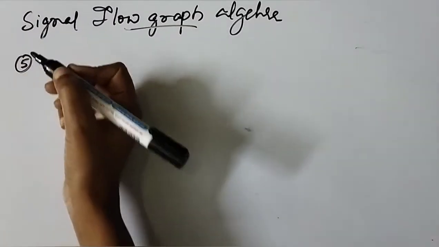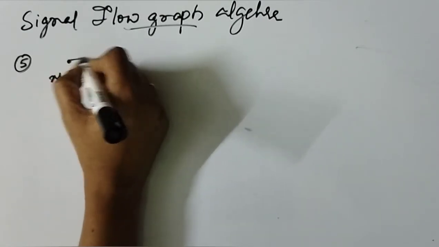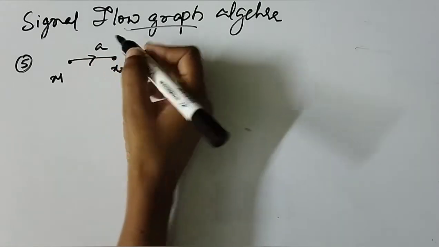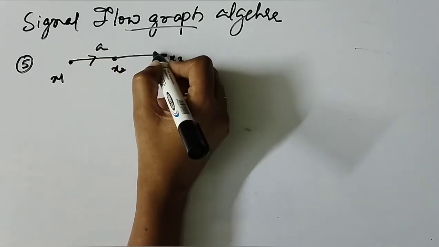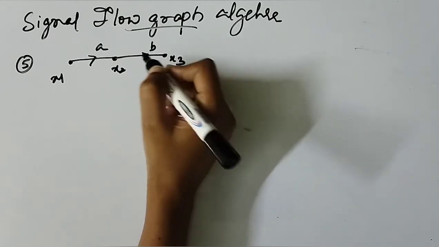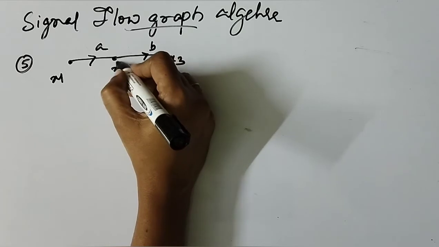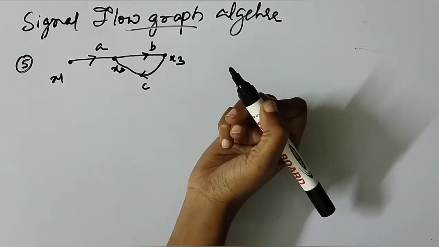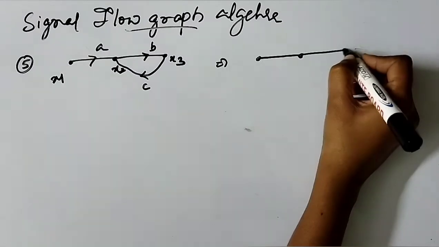Rule 5, we can eliminate a loop. X1 is a node, from x1 to x2 the gain is A, followed by x3 with gain B, where you have a loop starting from x2 and ending at x2, and the loop gain is C. We'll try to simplify this, x1 to x3.